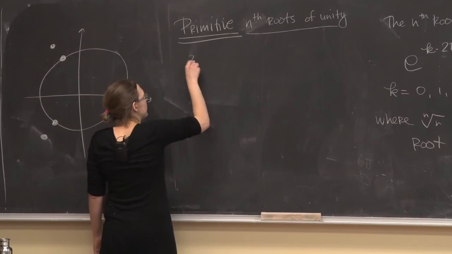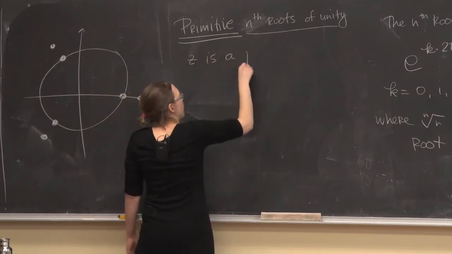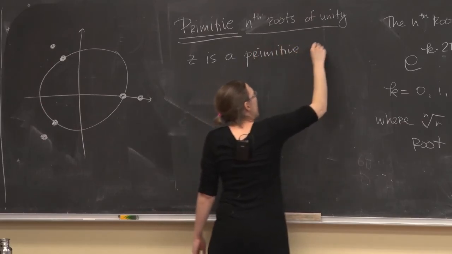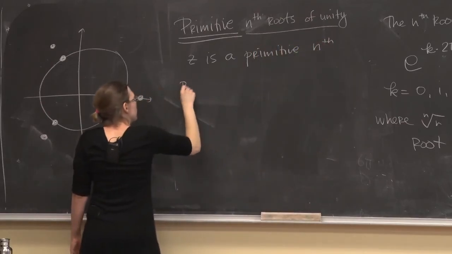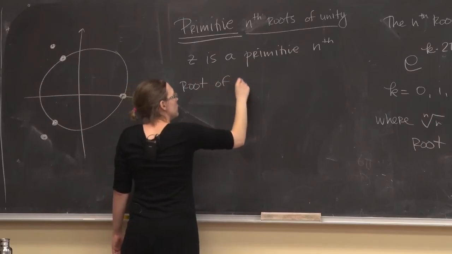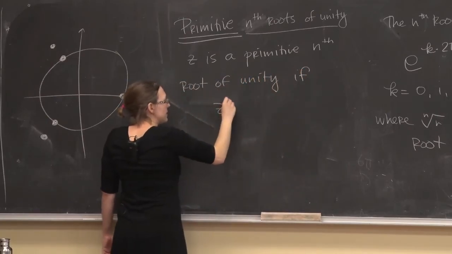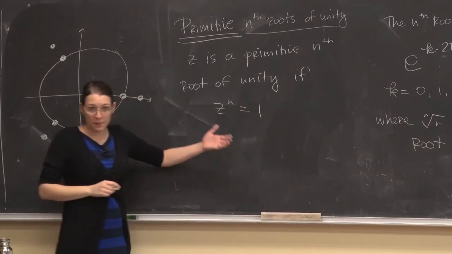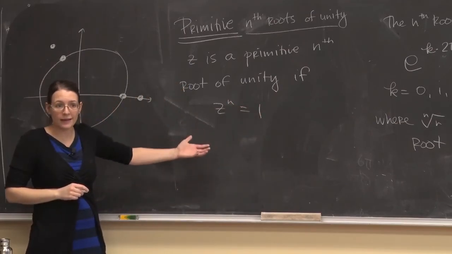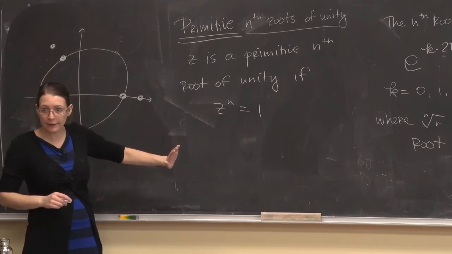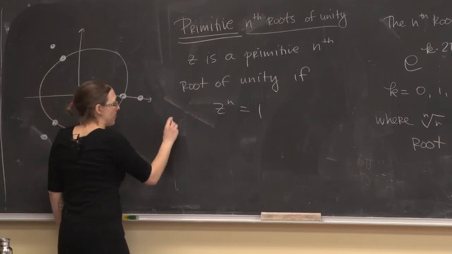So z is a primitive nth root of unity if z to the n is equal to 1. I want it to be a primitive nth root of unity. To be a fancy nth root of unity, you have to be an nth root of unity first.